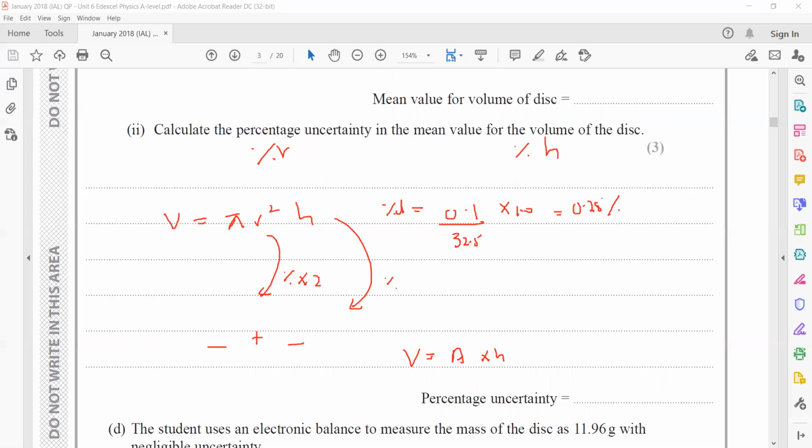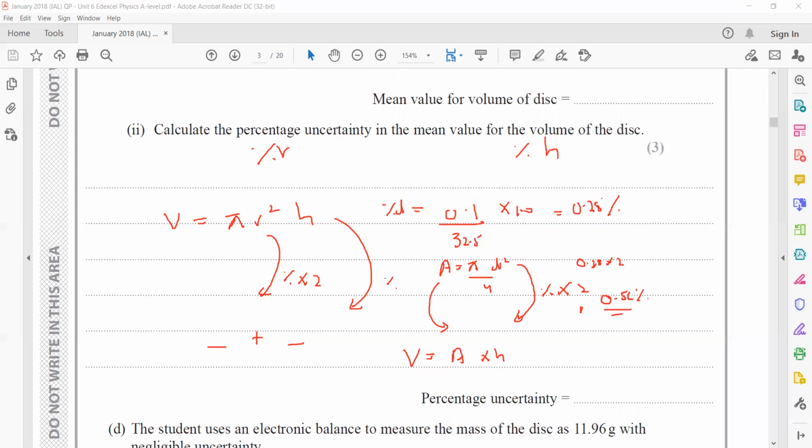After getting this uncertainty, because area will be pi r square or pi d square by 4, and the diameter square is there, the percentage uncertainty in diameter should be multiplied by 2 to get the uncertainty in area. So the uncertainty in diameter was 0.28, and that should be multiplied by 2. That will give us total uncertainty in area, which is 0.56%.